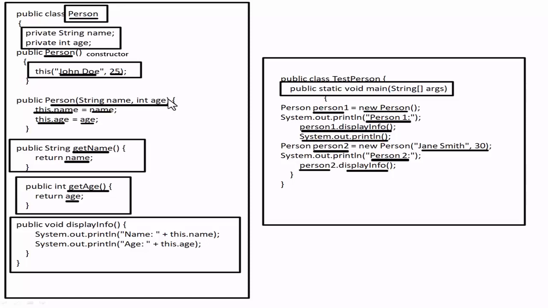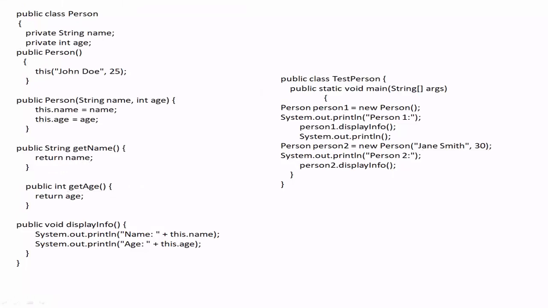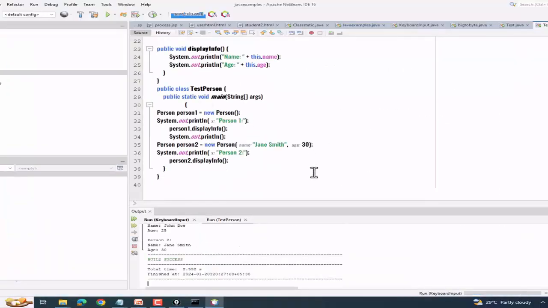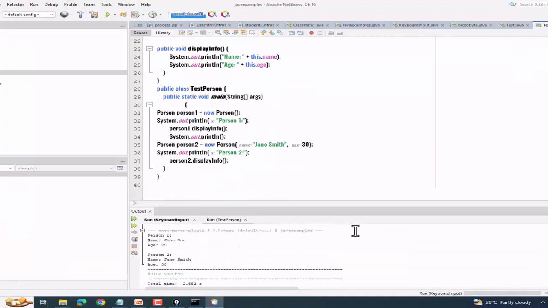So you can access the data members and methods by using this constructor. Let us compile this program. Now it has shown the details of person1 and person2. Person1 is John Doe and age is 25, and the second person is Jane Smith and age is 30.